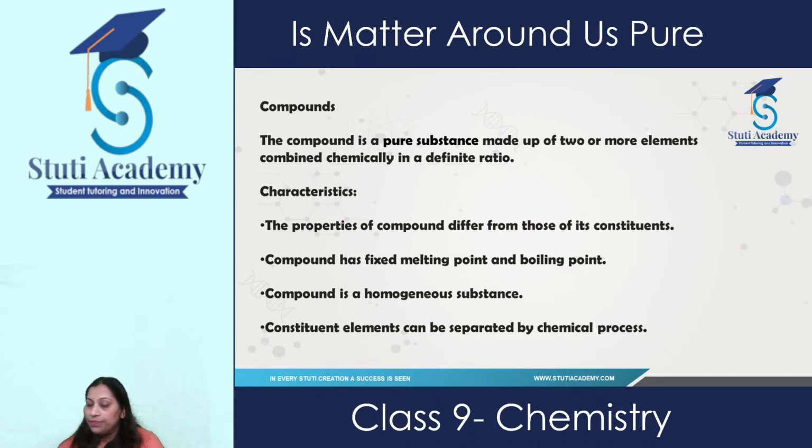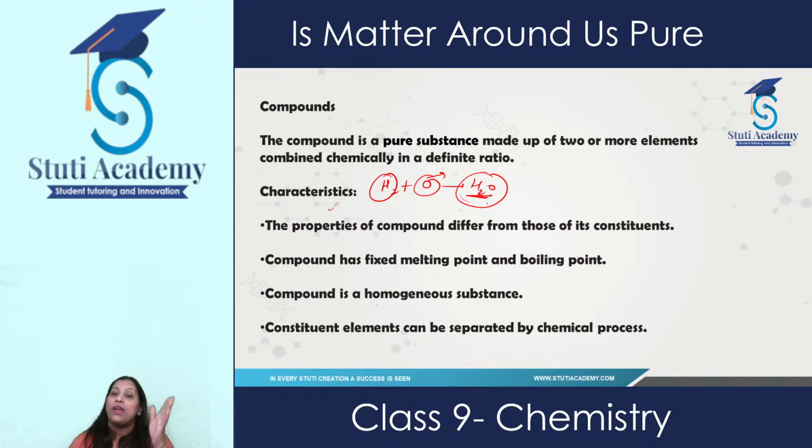For example, H2 plus O gives H2O. This is hydrogen, this is oxygen, and water. Oxygen is known as a supporter of combustion, and water can be used to extinguish fire. So the properties of water are entirely different from those of hydrogen and oxygen.